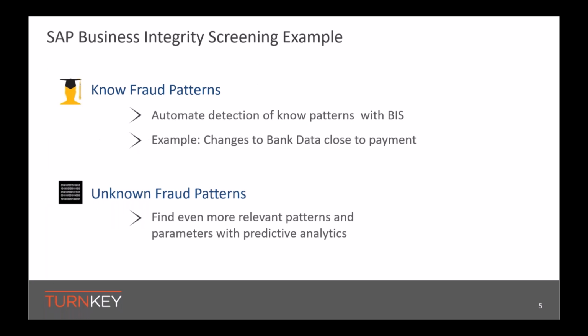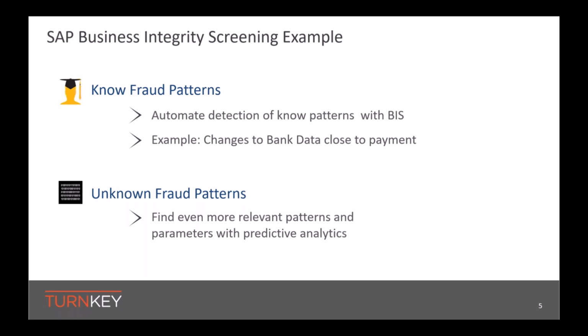So before we start with the example, you can imagine you're now manually doing your work. You know, for example, that if there are changes to bank data very close to payment, this could be a critical case. So someone is going to the system, changing the bank of a vendor, and then when the payment is running, the payment is going to this account and then changing back the data afterwards.